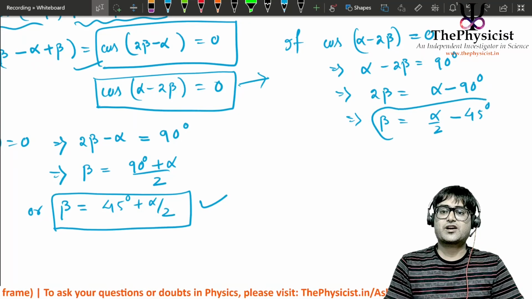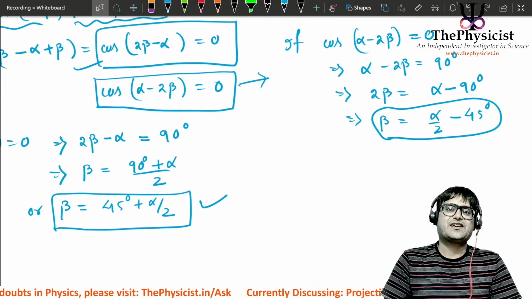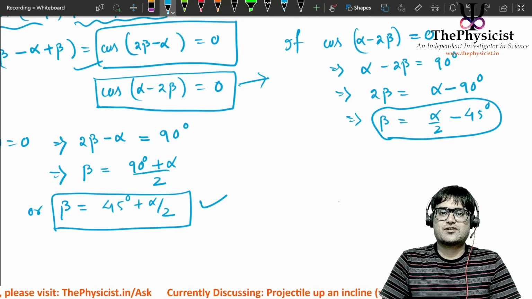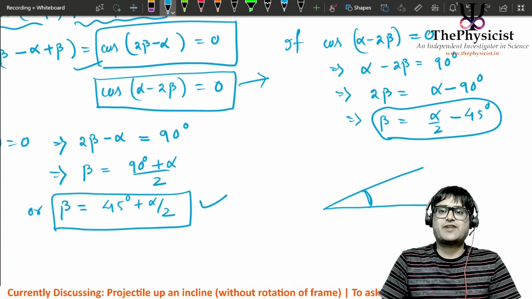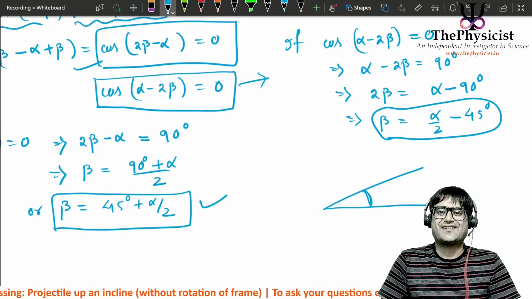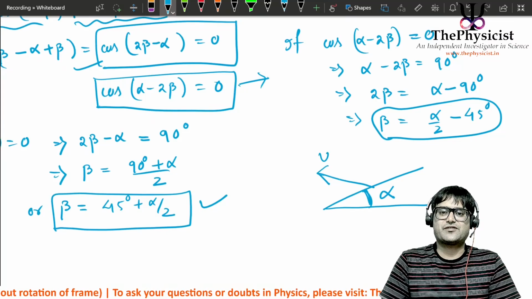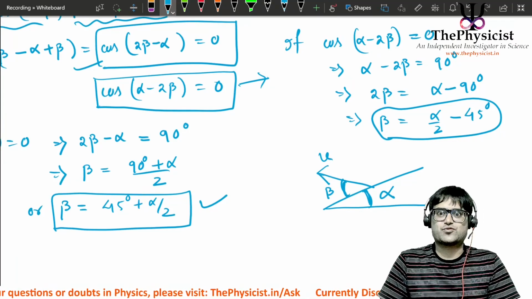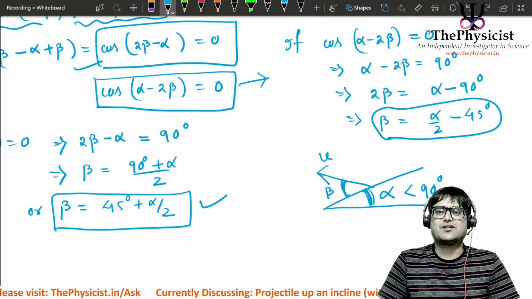So that would also be a condition, yes, but this condition will not work, right? Why? If you look at the incline, what is the maximum value of alpha? Whatever value of beta you choose, with u, this angle, and beta, alpha is always less than 90 degrees, correct?